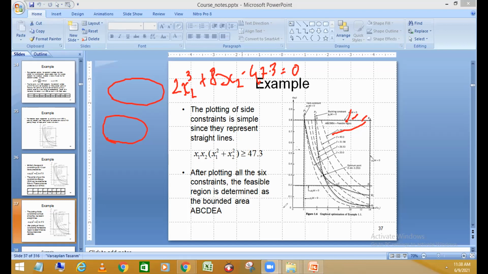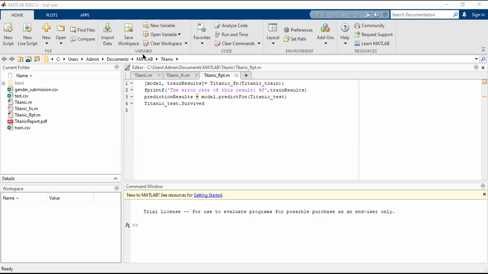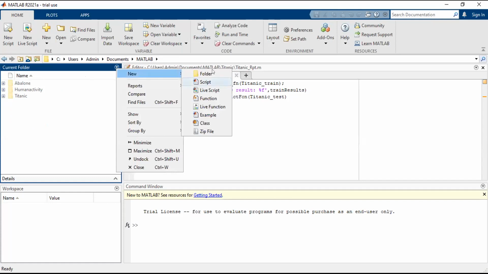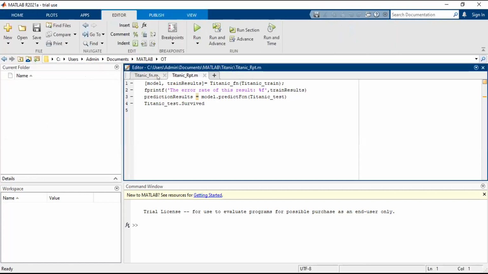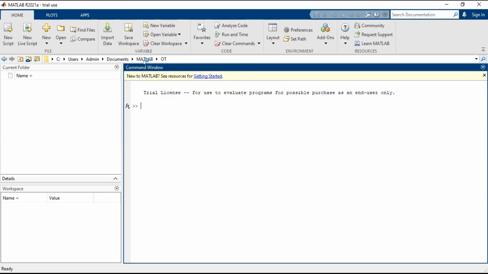Okay. So I am creating a new folder for OT. I'm taking a new script.